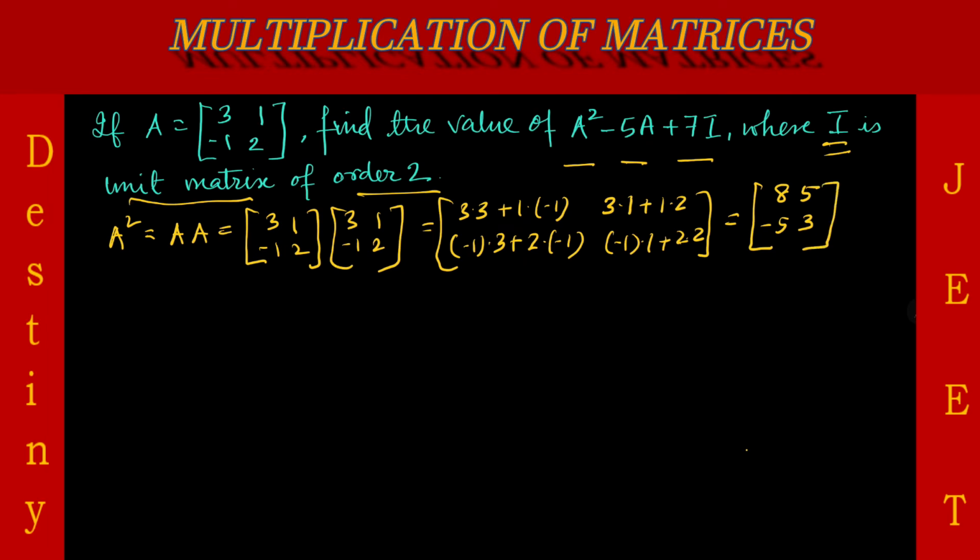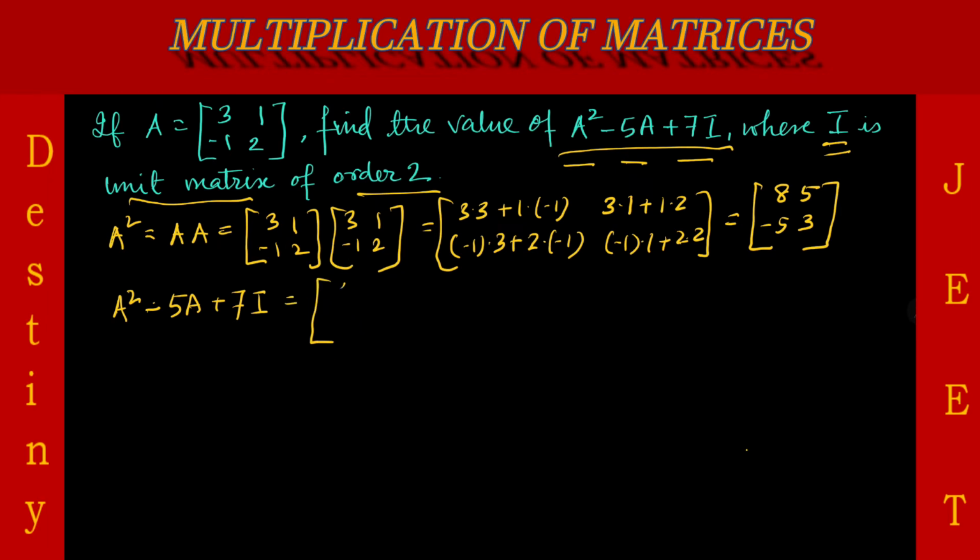Now let us solve the needed expression, A square minus 5A plus 7I. What we get?